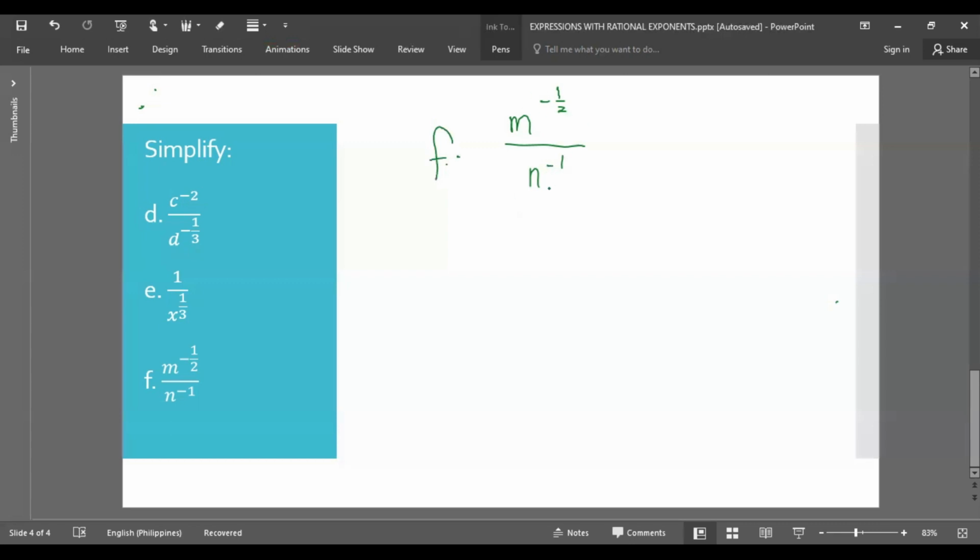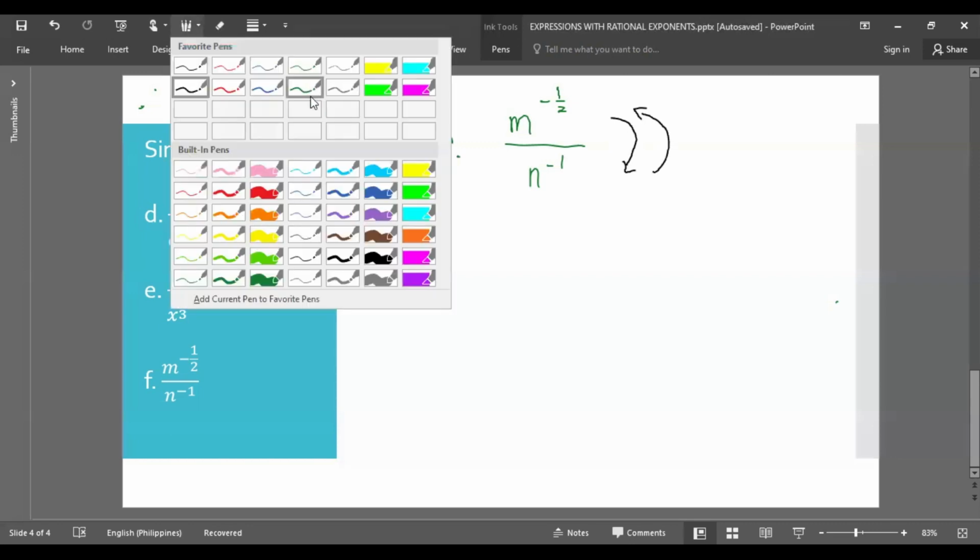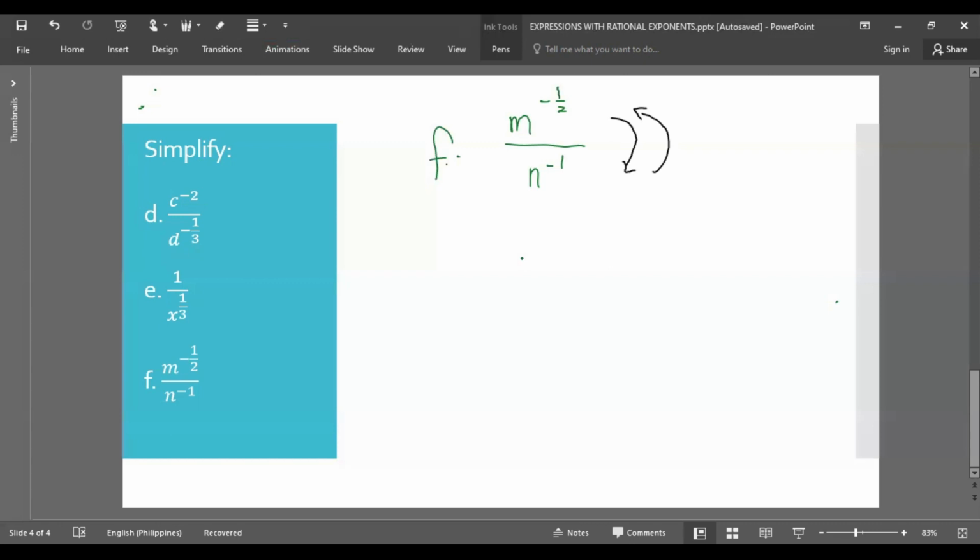So look at the given expression. As you can see, there are negative exponents. So we have to get rid of these negative exponents. To do that, we can simply get the reciprocal of this expression just to make the exponents positive.